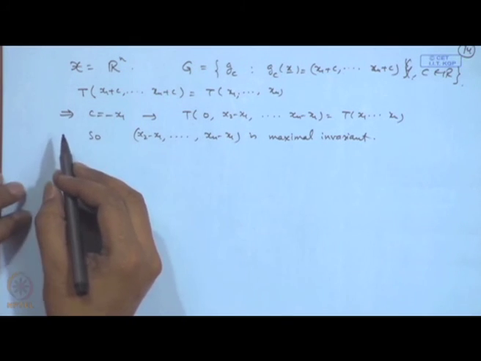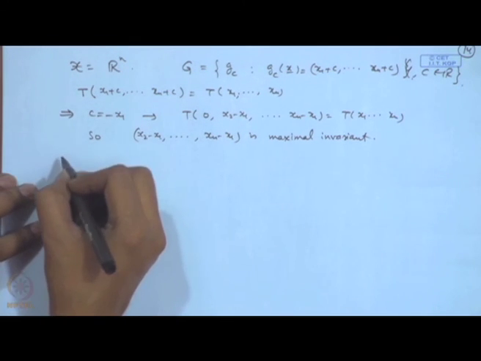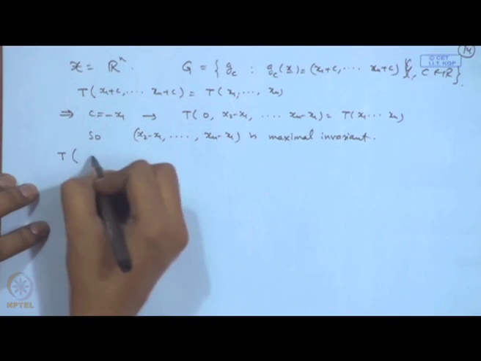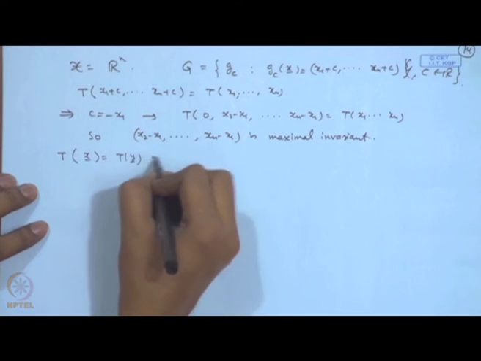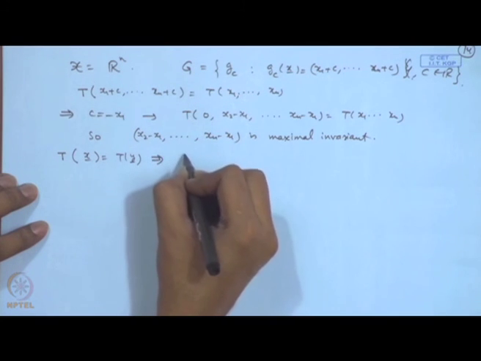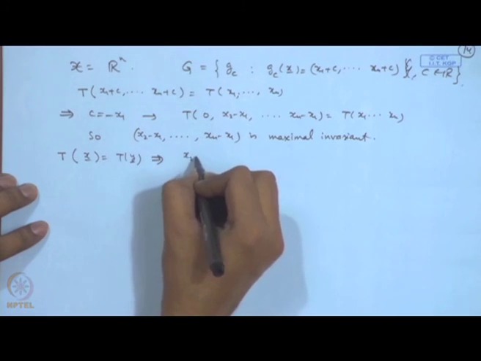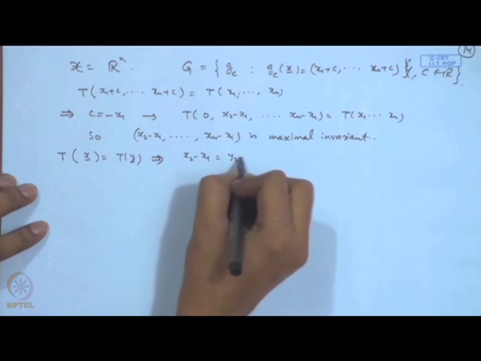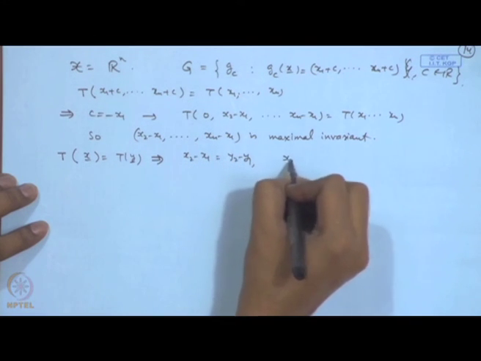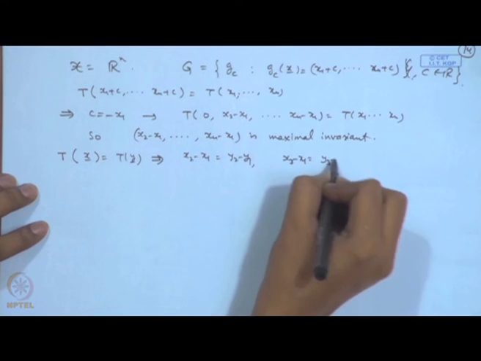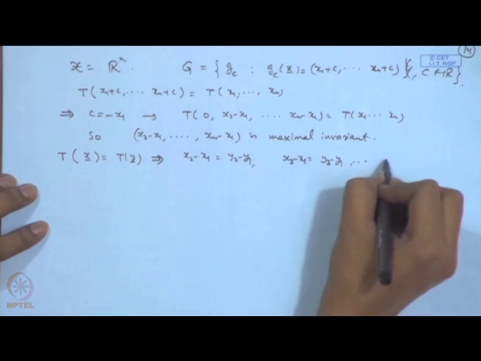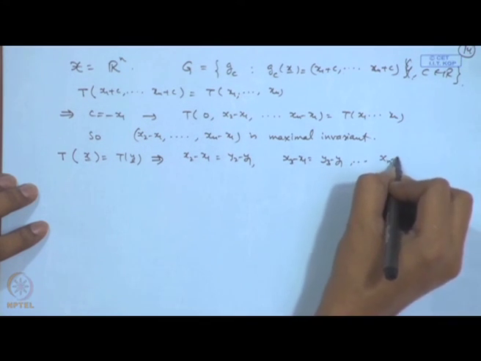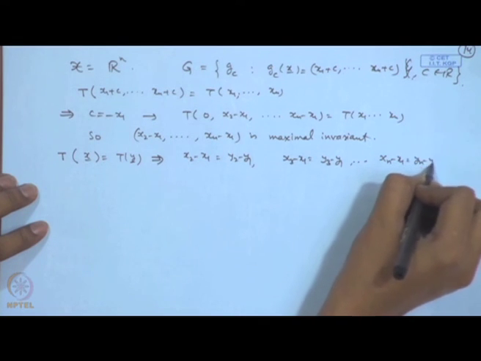We can prove this actually. Let us take T of x is equal to T of y. That means x 2 minus x 1 is equal to y 2 minus y 1, x 3 minus x 1 is equal to y 3 minus y 1 and so on, x n minus x 1 is equal to y n minus y 1.